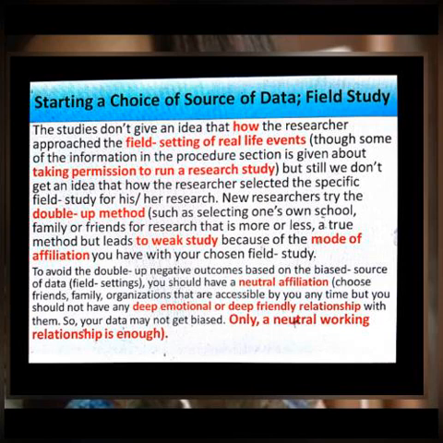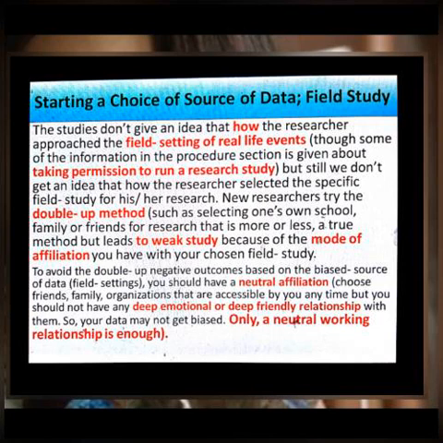This slide is about that, and this slide reads: the studies don't give an idea of how the researcher approaches the field setting of the real life events. Though some of the information in the procedure section is given about taking permission to run a research study, still we don't get an idea of how the researcher selected the specific field study of his or her research.